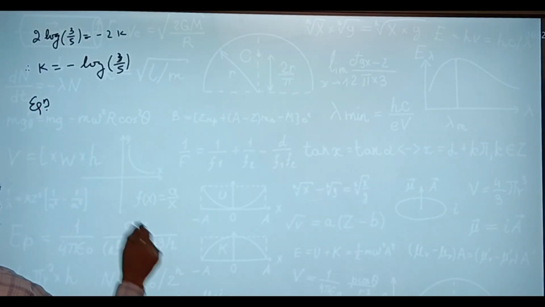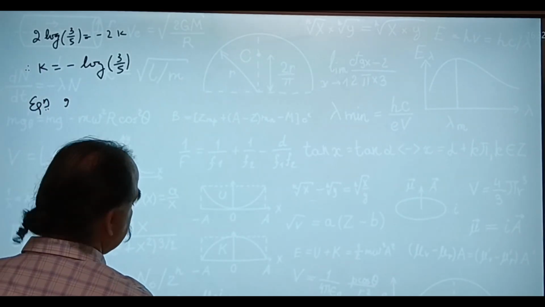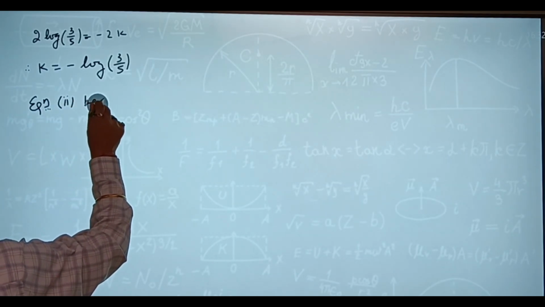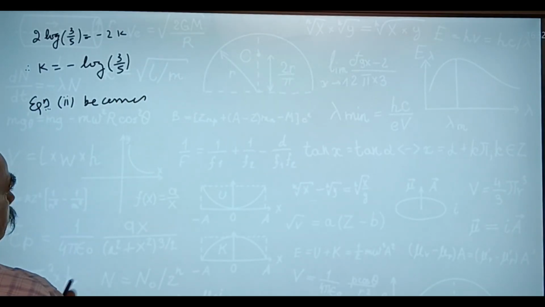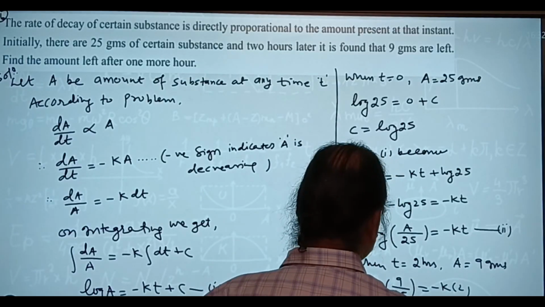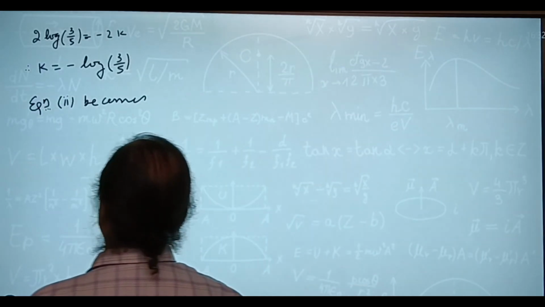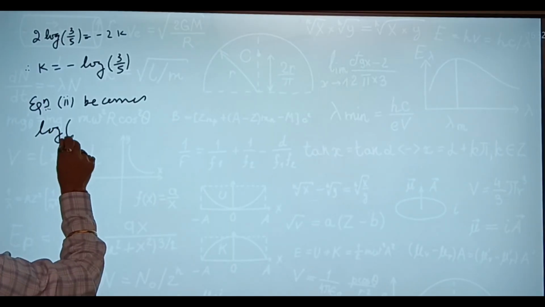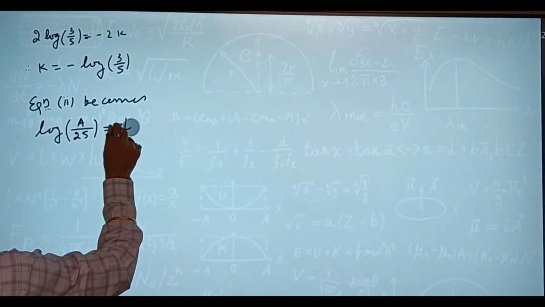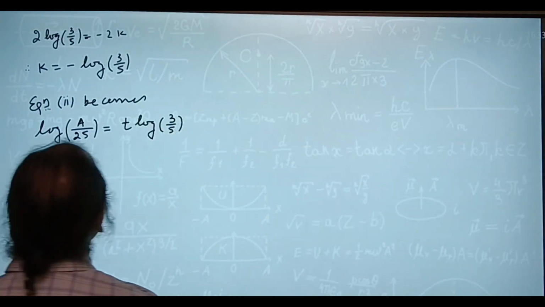Equation 2 becomes log A by 25 is equal to t log 3 by 5.